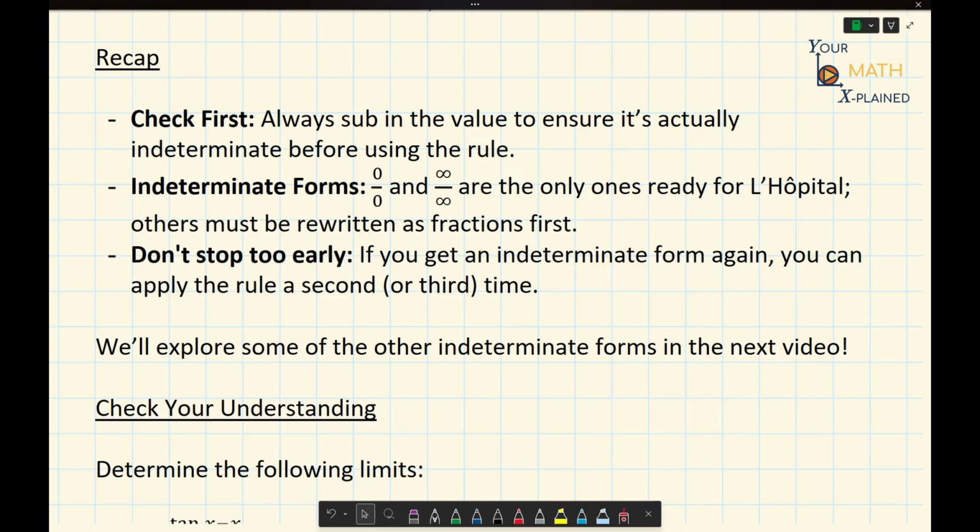And lastly, we saw that sometimes applying the rule once isn't enough. If you get an indeterminate form again, you can apply the rule a second or a third time, but just make sure that it's in the form of 0 over 0 or infinity over infinity. And we're going to explore some of those other indeterminate forms in the next video.